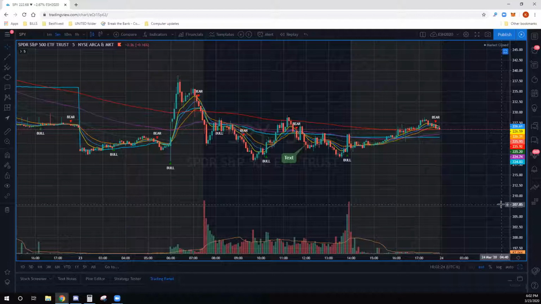How you profit is based on another Greek called delta. The higher in the money you buy, the more delta you get per contract. At the money, your delta could be 50 cents, so you'll make 50 cents for every dollar it moves.